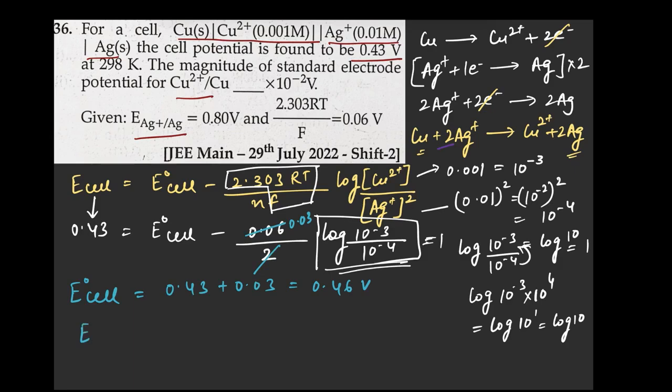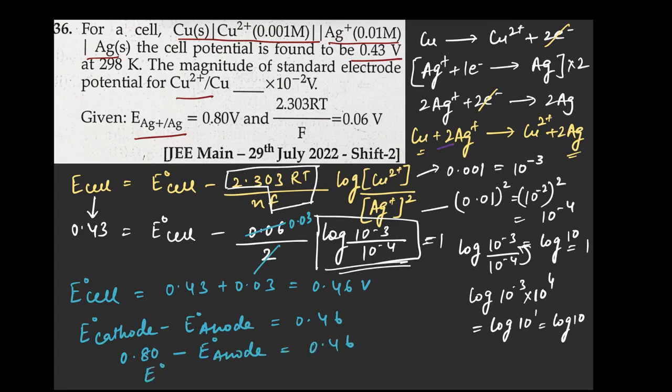So E naught cathode minus E naught anode is equal to 0.46, and this is 0.80 minus E naught anode. Anode is the copper electrode, is equal to 0.46.